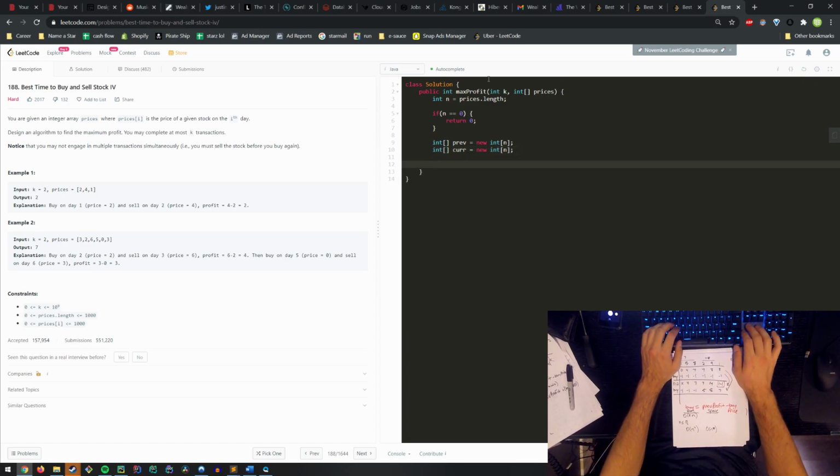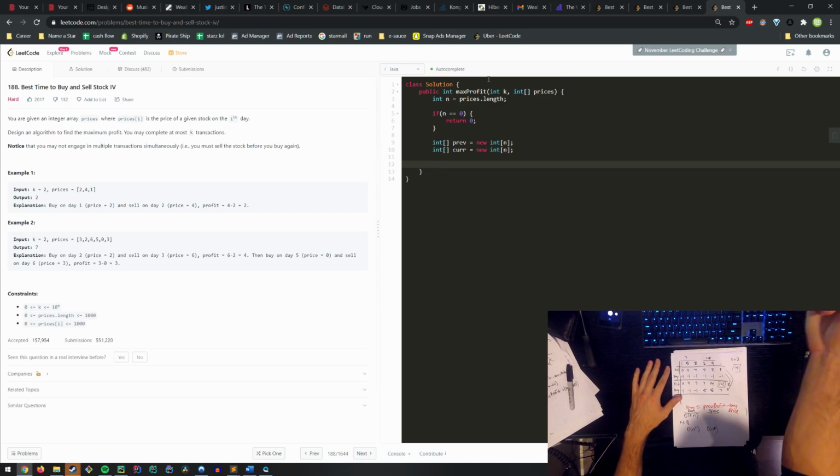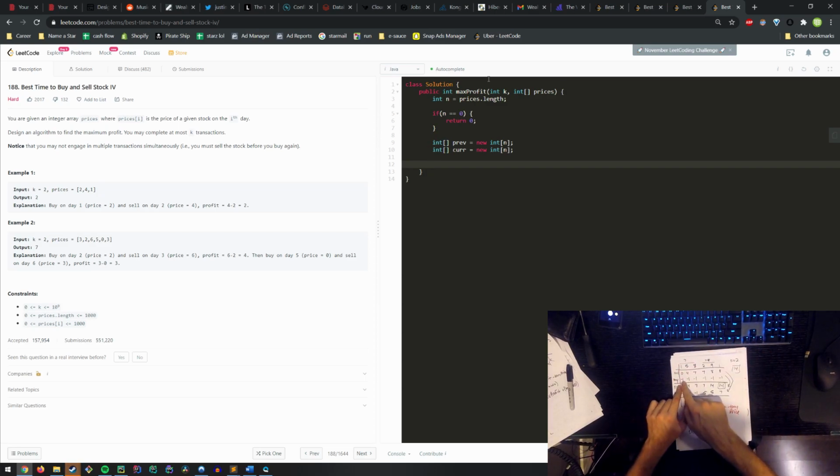And this will represent these two, and then we'll just switch these as time goes on. One trick that also works with these two arrays is that if you think about it in terms of k equals 0, if you have 0 transactions, literally every value will be zeroed out, because there will be no profit, and you won't be making any buys either.